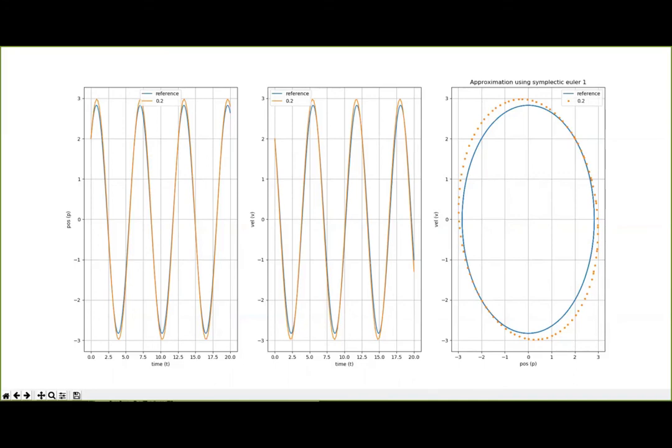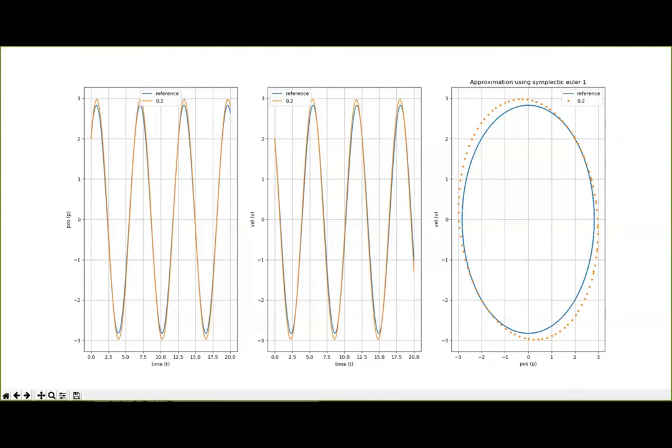But this ellipsoid is in some sense a perturbation of the original ellipsoid. It looks like somebody took the original ellipsoid of the harmonic oscillator and then applied some minor geometric transformation.